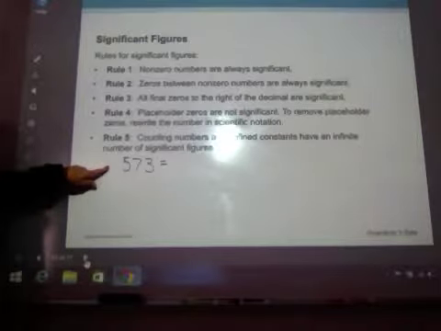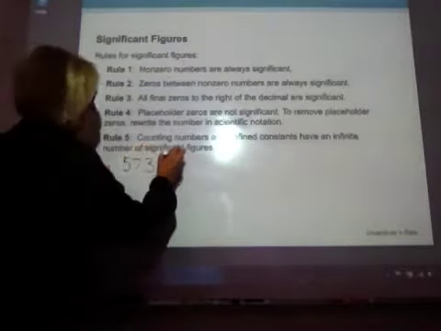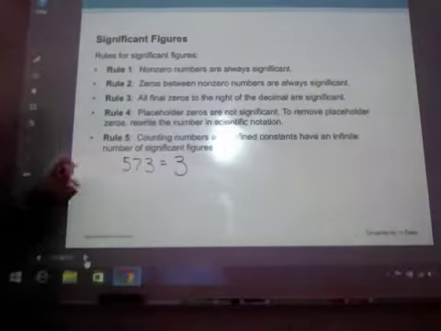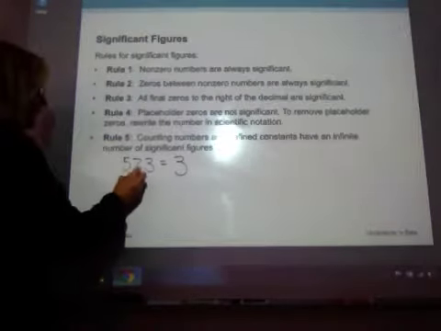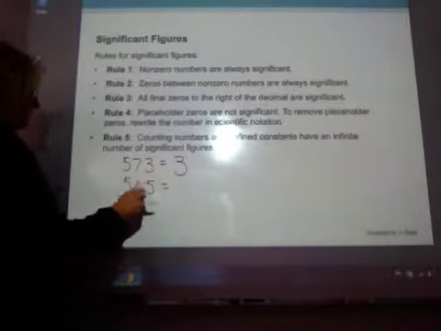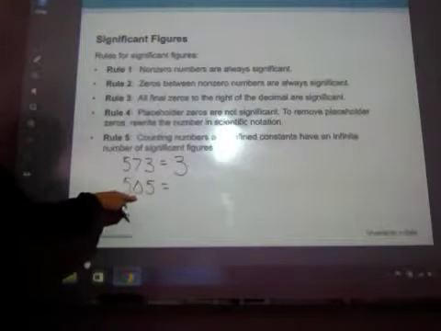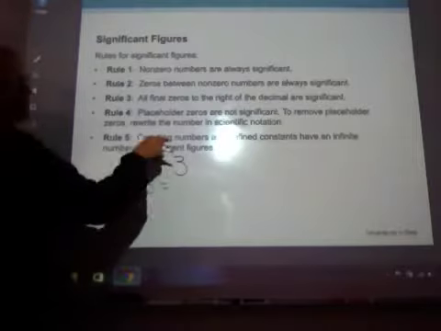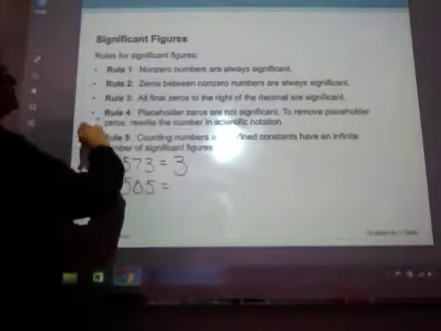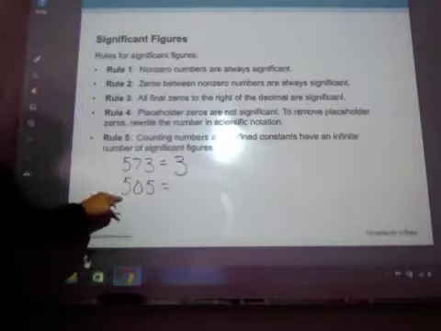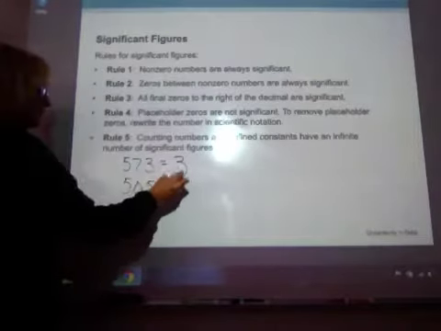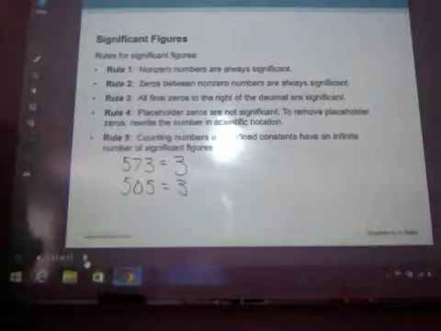There are 3 significant digits. If I have 505, this 0 is sandwiched, or in between, zero between non-zero numbers. That 0 counts. I still have 3 significant digits.